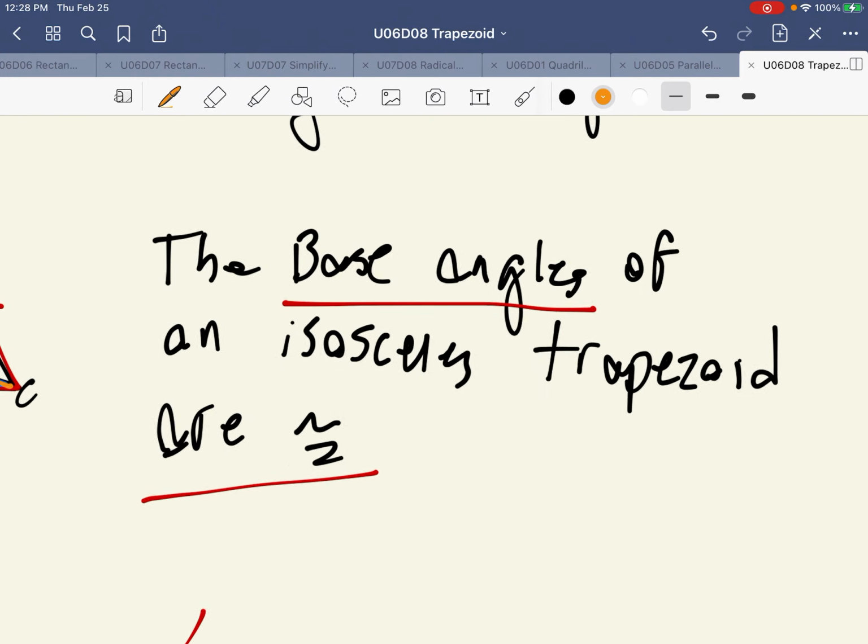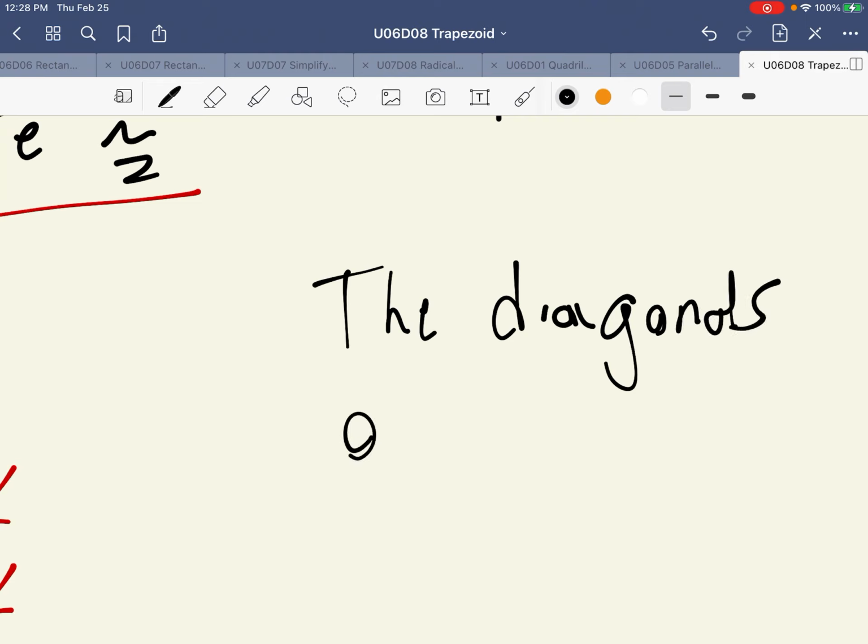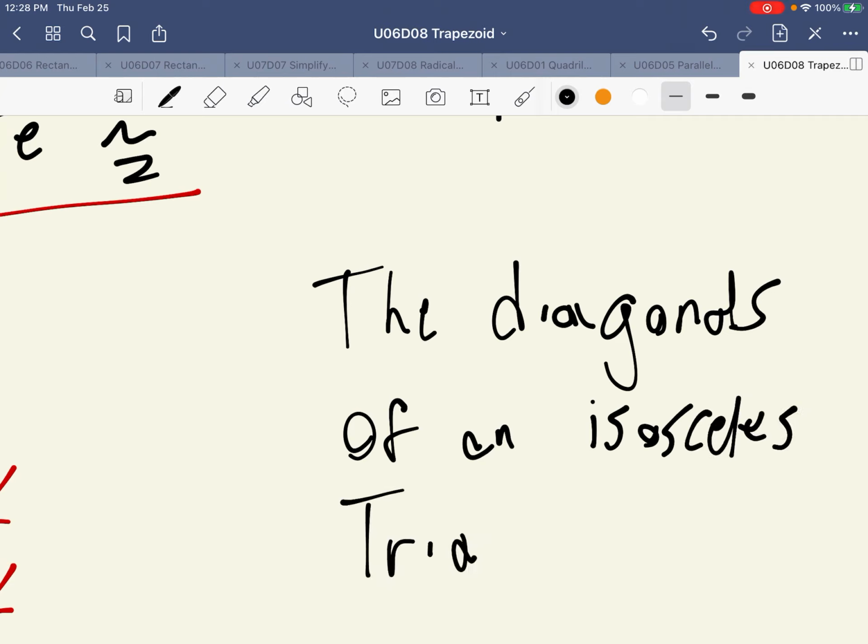So the other thing we need to know is that the diagonals of an isosceles trapezoid are congruent.